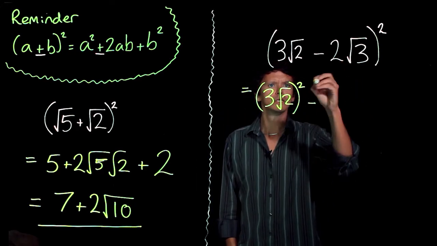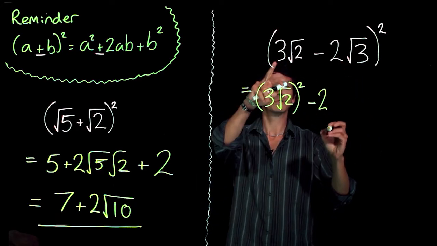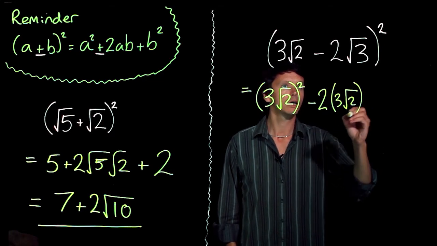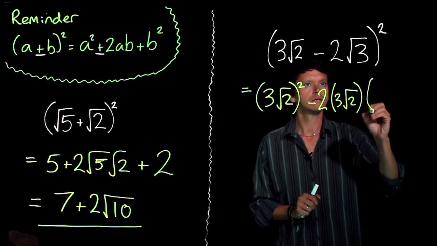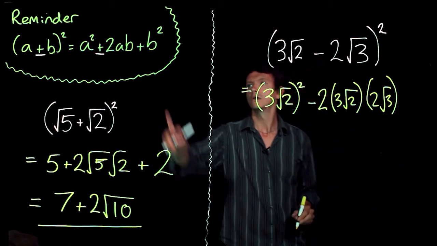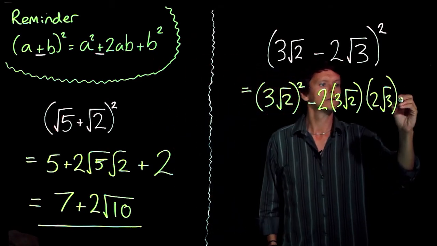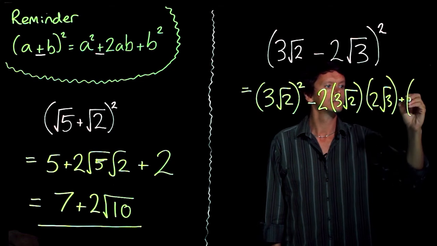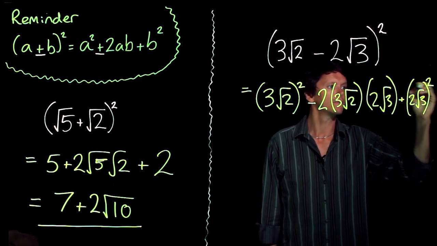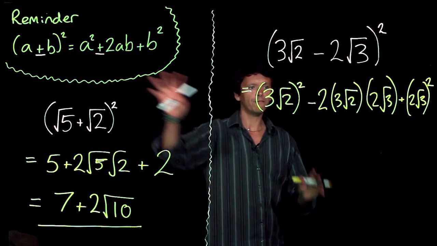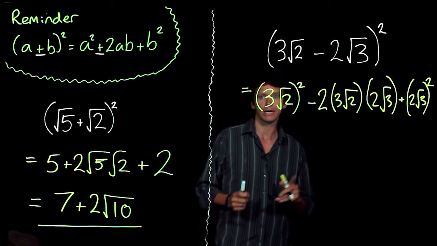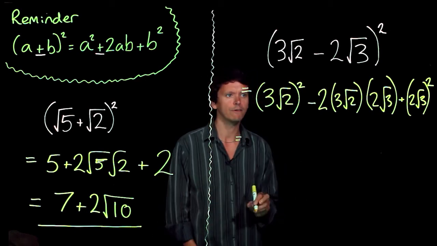So minus 2 times 3 root 2 times 2 root 3, plus b squared, plus 2 root 3 all squared. So I've applied that formula to expand this, but now I need to actually square these numbers and see where that goes. This is where we need to be very careful.